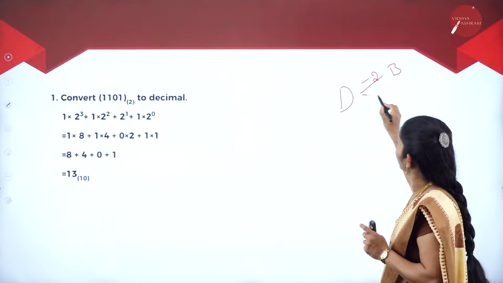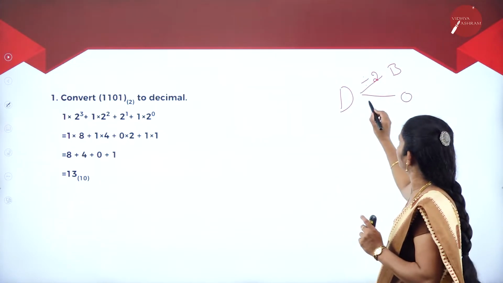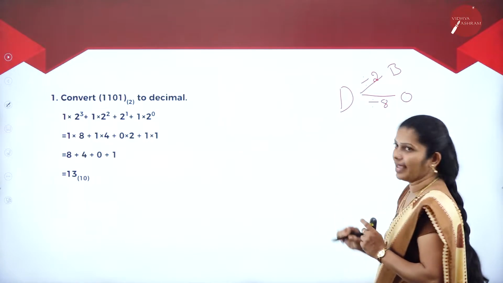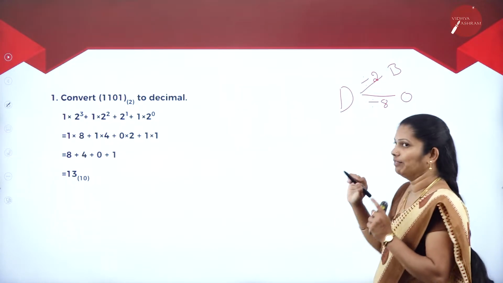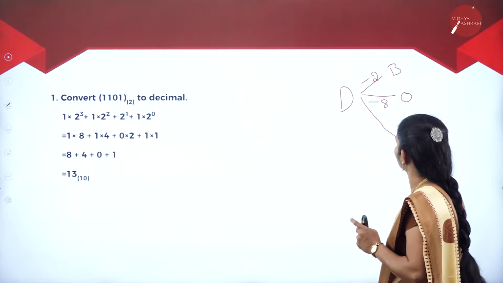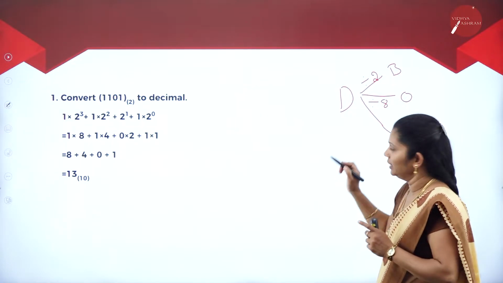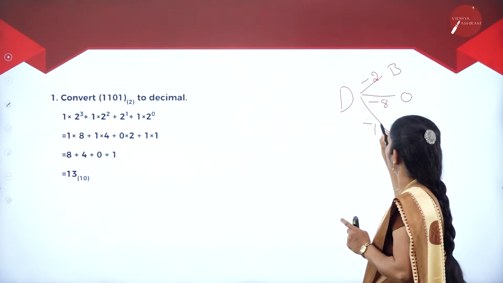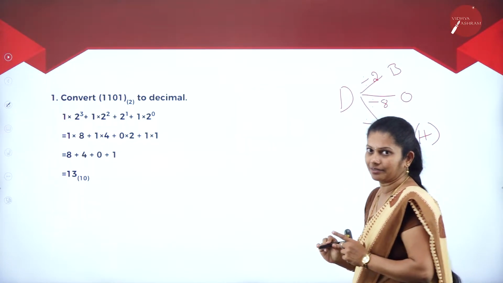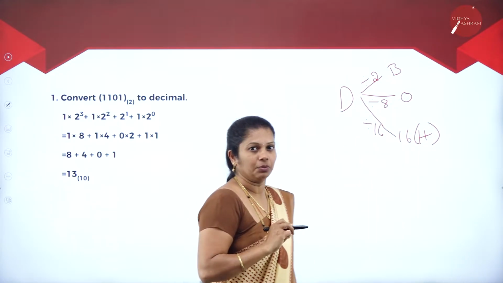If you get decimal to octal, then the division process, but divided by 8, because we want to convert it to octal. In the same way, decimal to hexadecimal, division process only, but divided by 16. It means that from decimal to other bases, it is the division process.